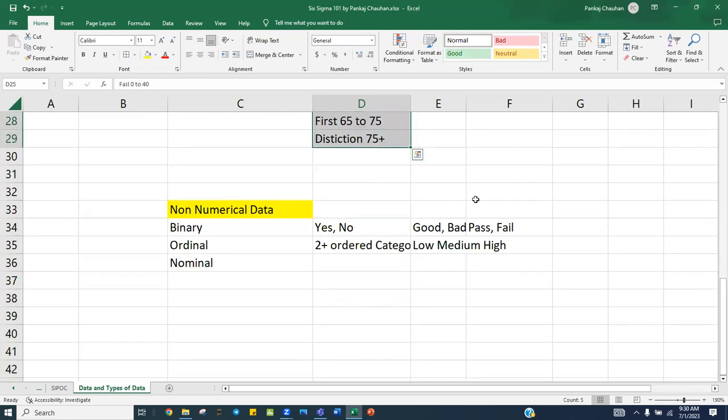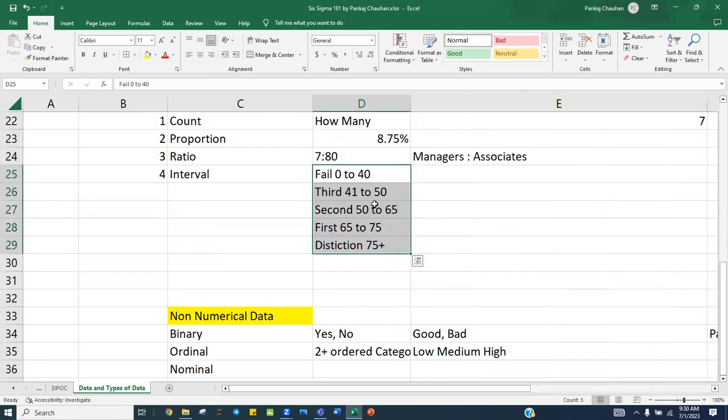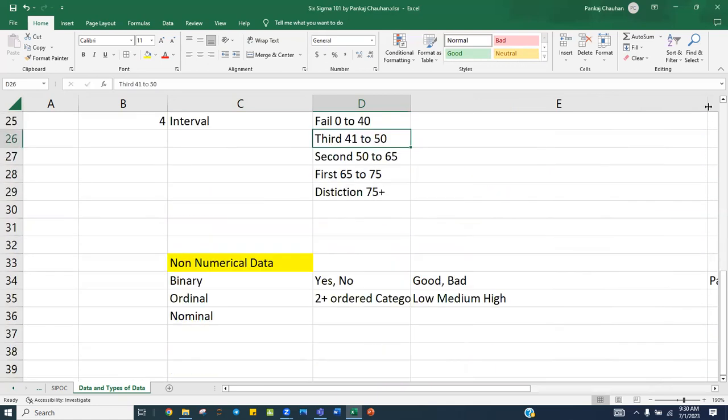So here the interval I was telling was 0 to 40, 41 to 50, 50 to 60. This is the interval. But when your interval is converted into grades, fail, third, second, first, distinction, then these grades are ordinal data.